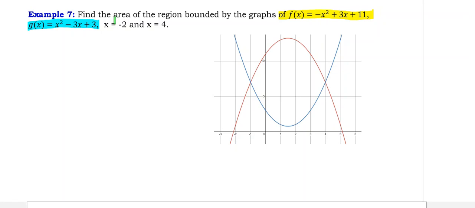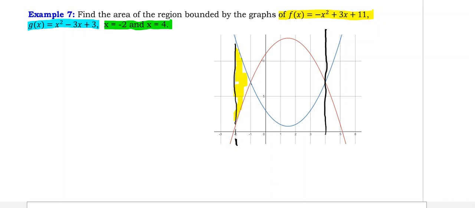So -2 is right here. And so we want the area that's between the two graphs from -2 to 4. And there's my bounds. So where is the area that I'm concerned with? Well, we have this area in here. And then at this point, which appears to be -1, it switches.